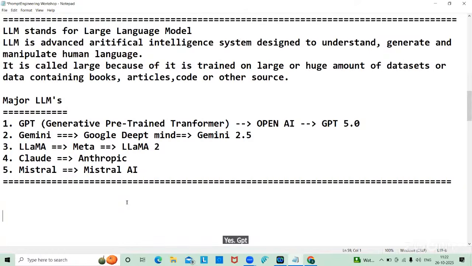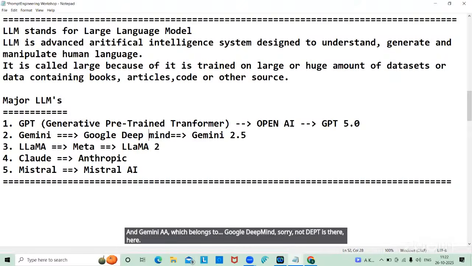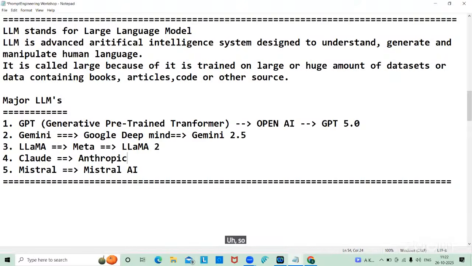GPT, which stands for Generative Pre-trained Transformer, belongs to OpenAI, and Gemini belongs to Google DeepMind. Llama belongs to Meta, and then Claude. So these are called major LLMs. Mistral is also there.